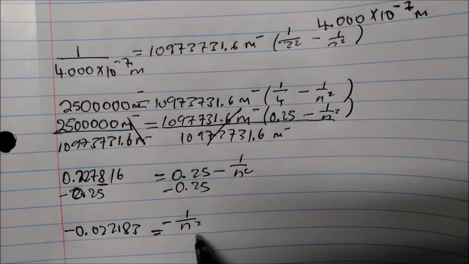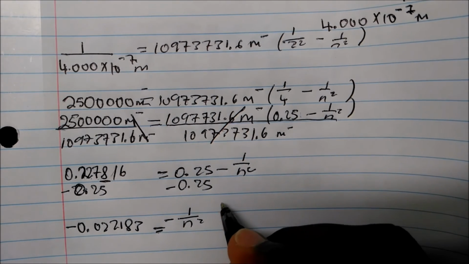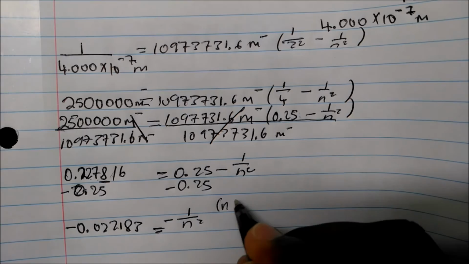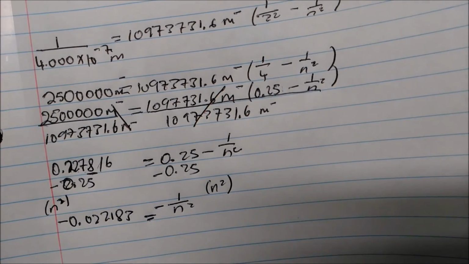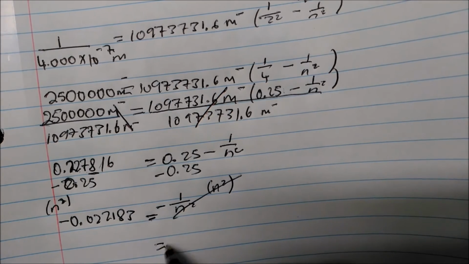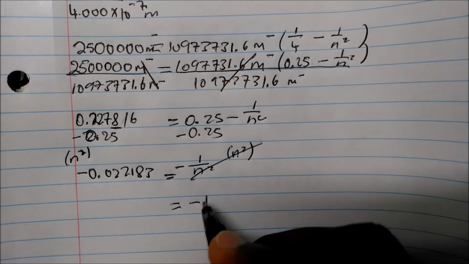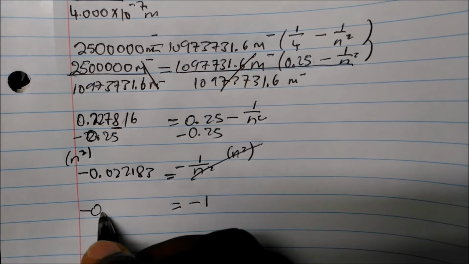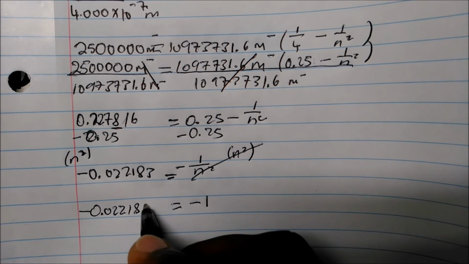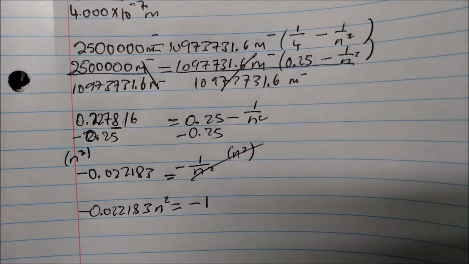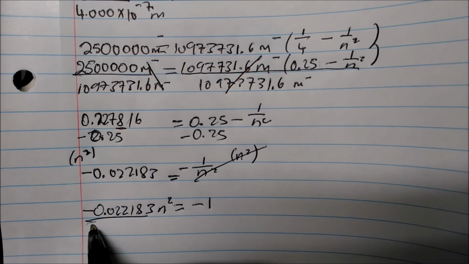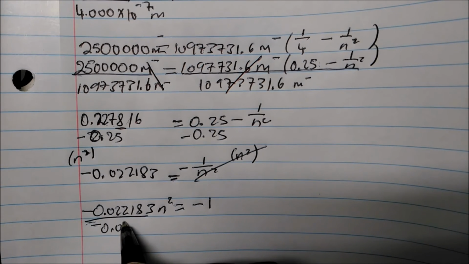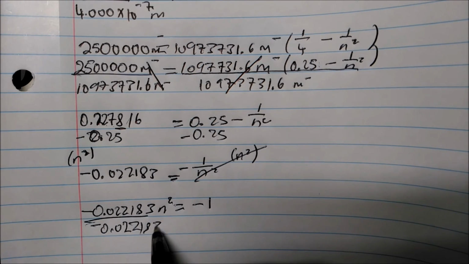Now we're trying to isolate n squared, so we multiply on both sides by n squared. These cancel out, so what we're left with is negative 1 equals negative 0.022183 n squared. And all we've got to do now is divide both sides by negative 0.022183.